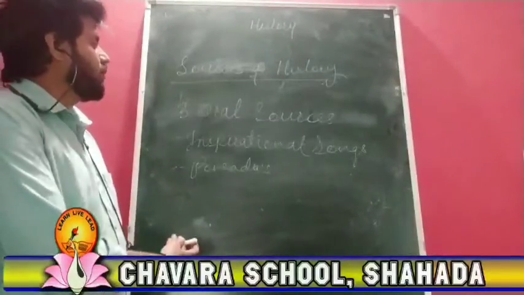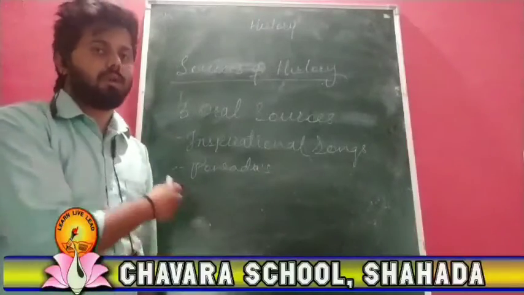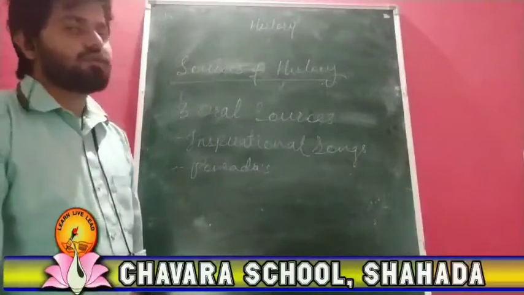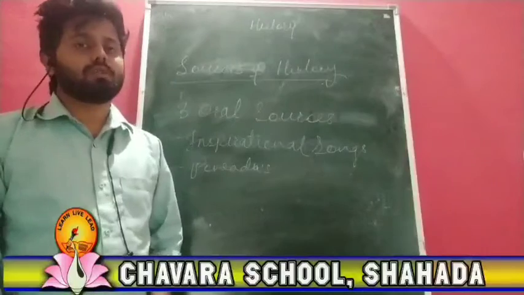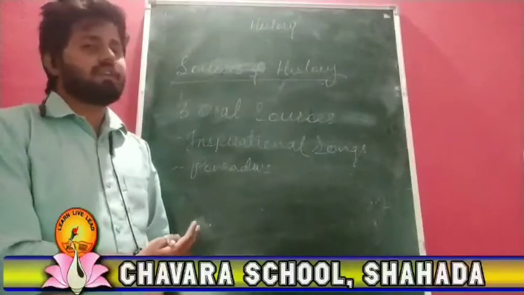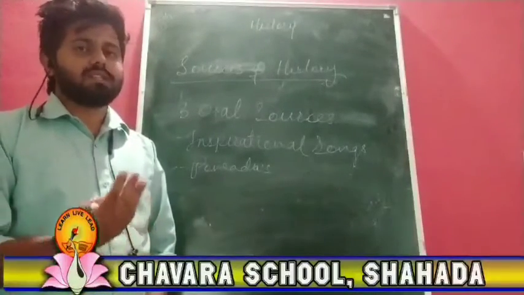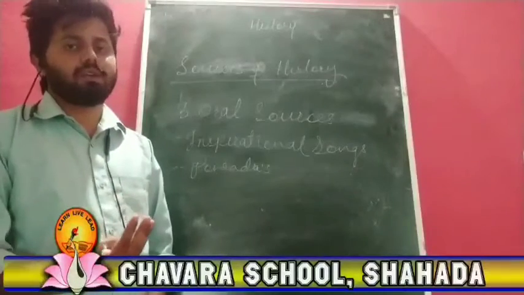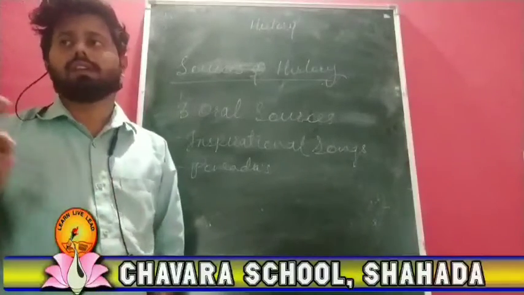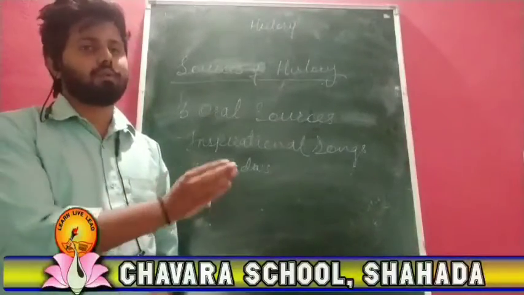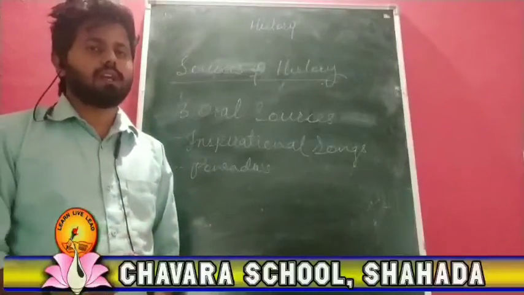Third, we are going to learn oral sources of modern history. There are many oral sources. As the name says, we know these are sources available only orally, right? They don't have any written or photo proof, they are available only orally.